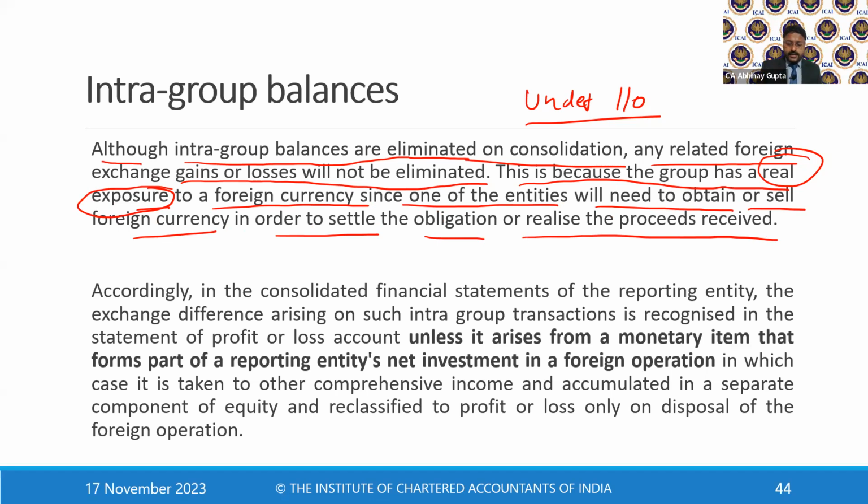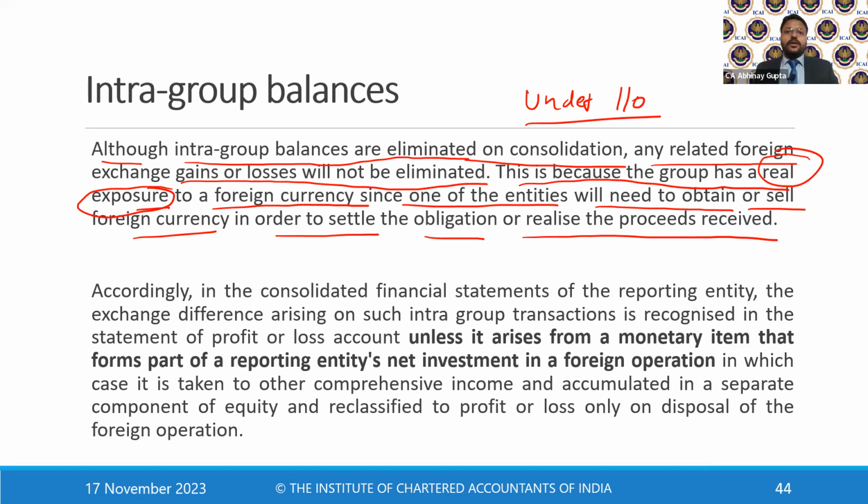So the entity is obliged to settle or receive those balances in the foreign currency, hence they are exposed to foreign currency risk. That's why this forex gain or loss recorded in the separate financial statements will not be eliminated.